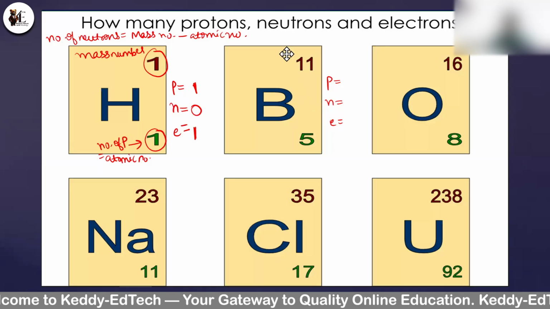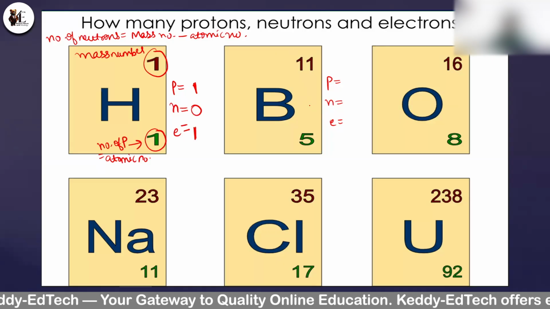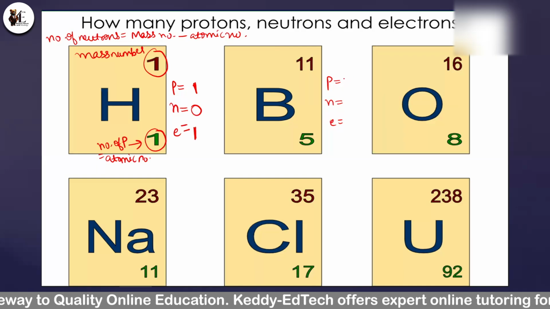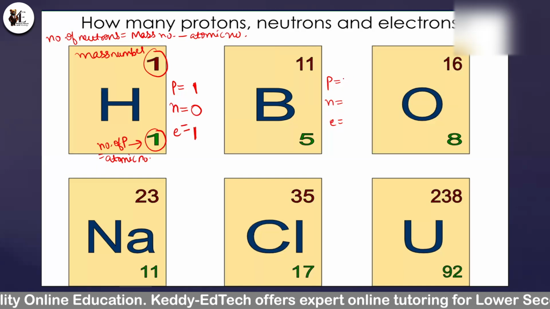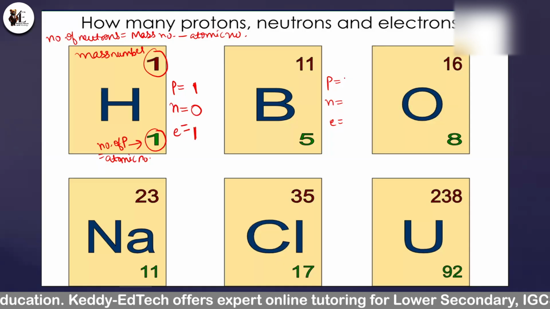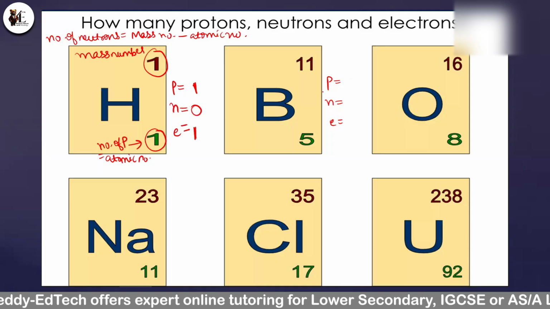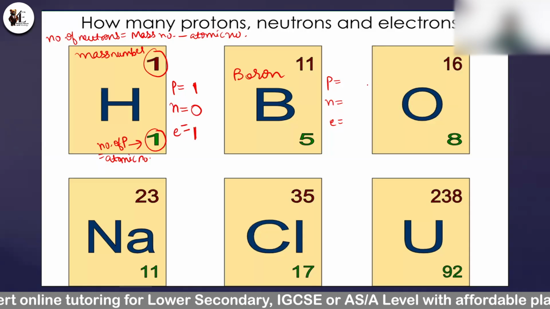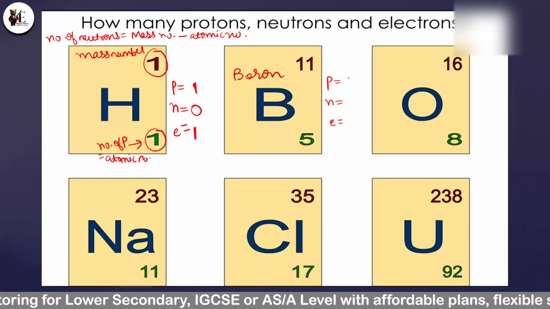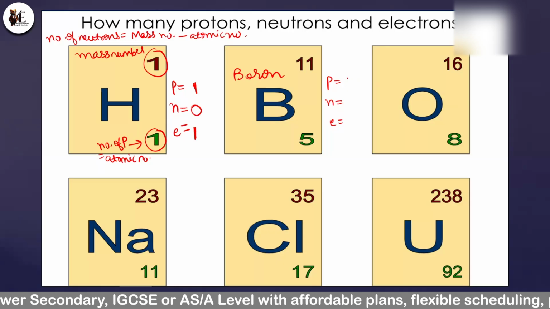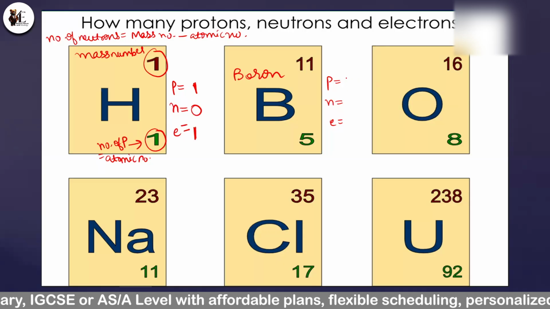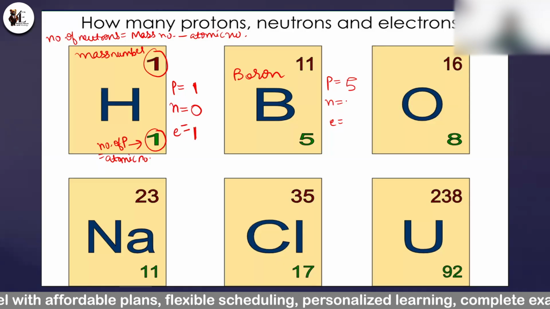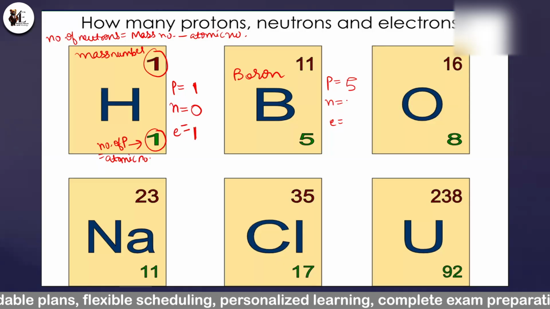There is no need to solve, you can just look and tell me the answers. It is very easy now. Number of protons in B, boron, is 5. Neutrons? Neutrons will also be 5.